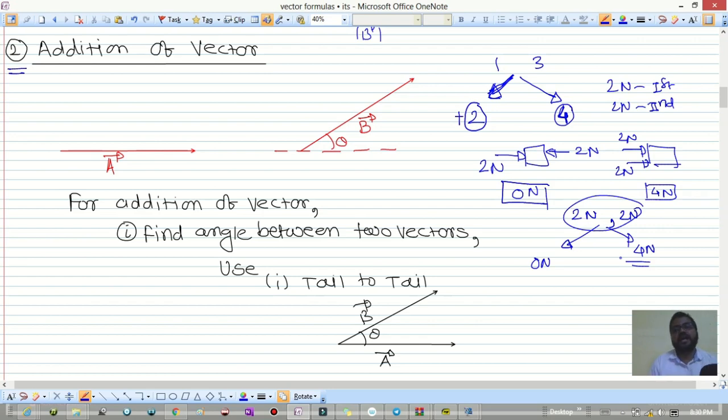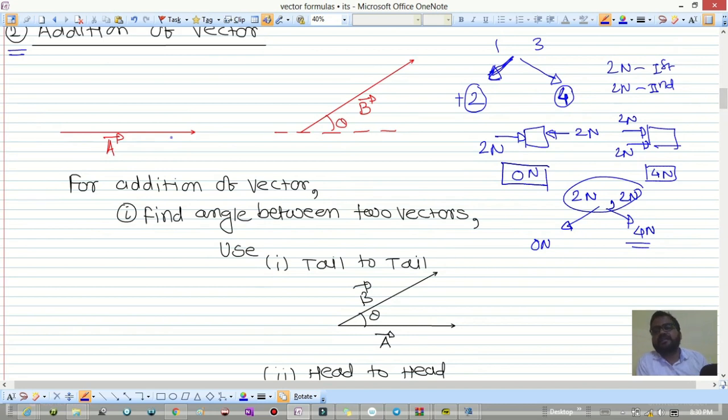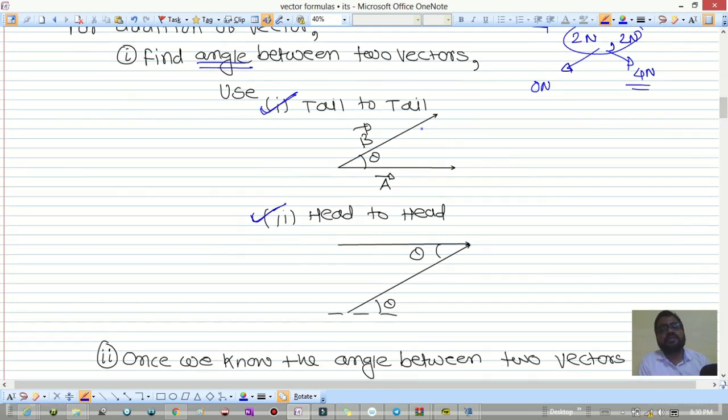Now for addition of vectors, suppose a bar is given in this direction and b bar in this direction. First find out the angle between the two vectors. To find the angle between two vectors, use the tail to tail or head to head method. Tail to tail means you always use the tail of the first vector and the tail of the second vector in contact.